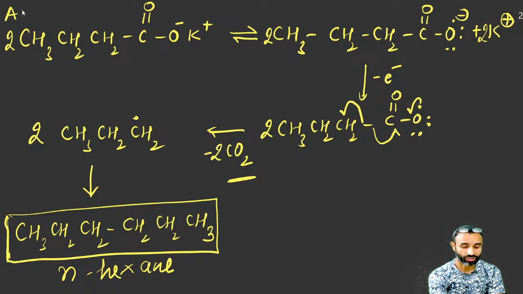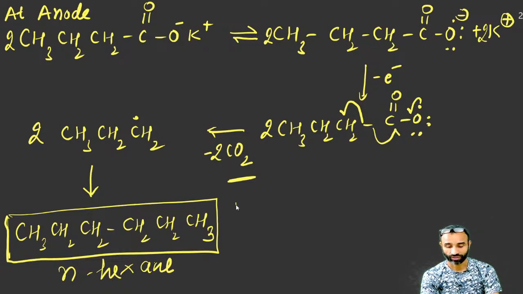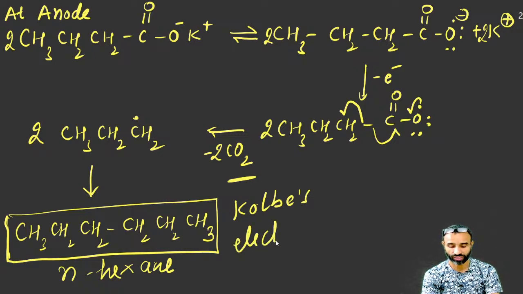This is the reaction at the anode, and this is the mechanism of Kolbe's electrolysis given in NCERT.